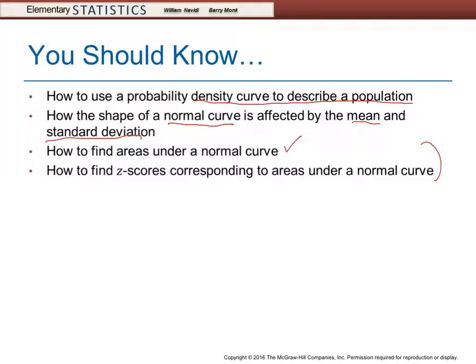In the future, we're going to use the normal curve to find our probabilities. This concludes chapter 7.1, and we will be reviewing 7.2 next.